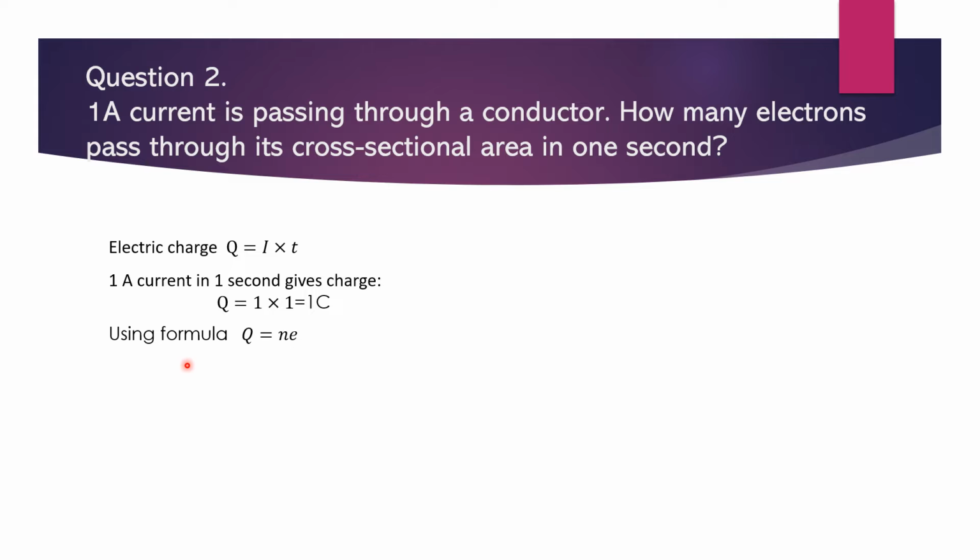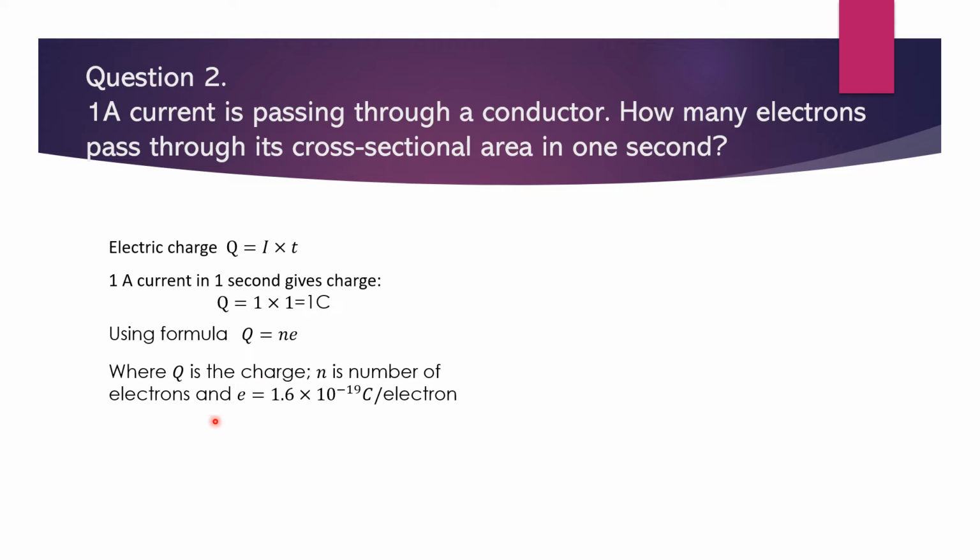Now using the formula Q is equal to NE, where Q is the charge, N is the number of electrons, and E is 1.6 into 10 power minus 19 coulombs per electron. That is the charge on 1 electron.